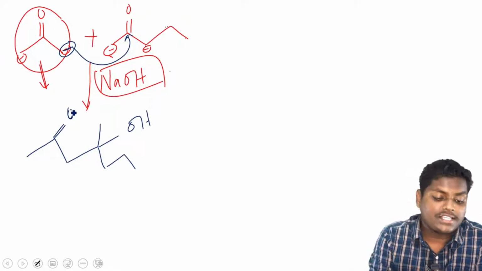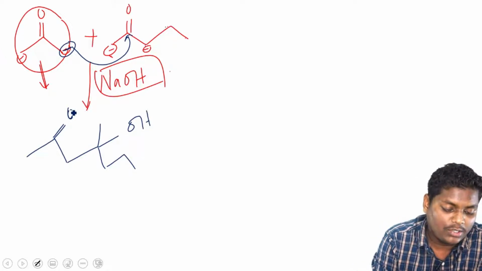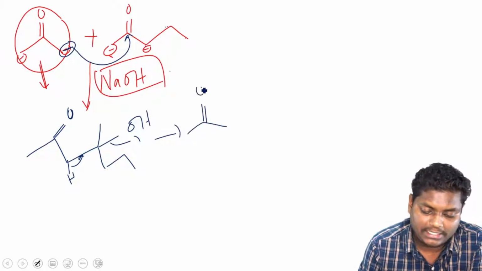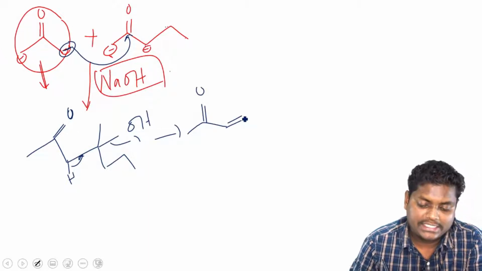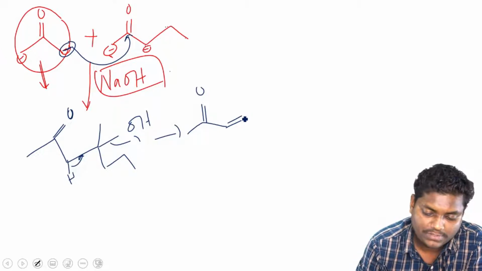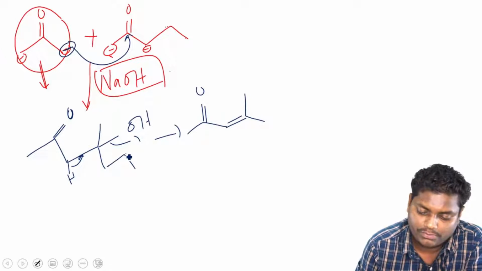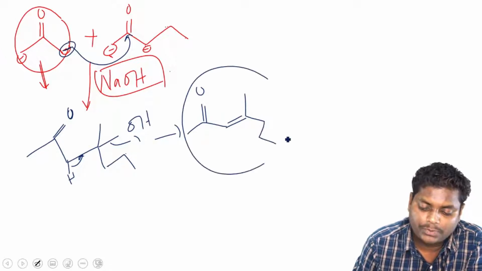Now, due to the condensation, this H and this OH will leave, and we will be getting an alpha beta unsaturated alkene. So this is one of the products that we are getting.